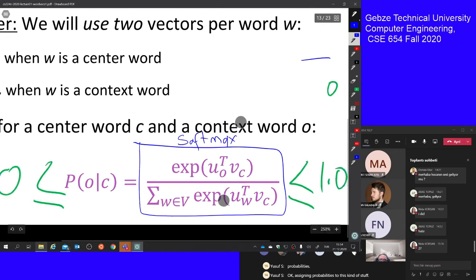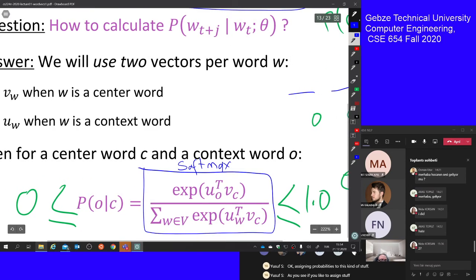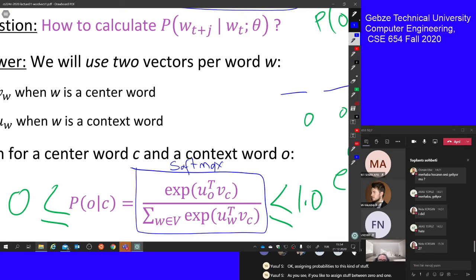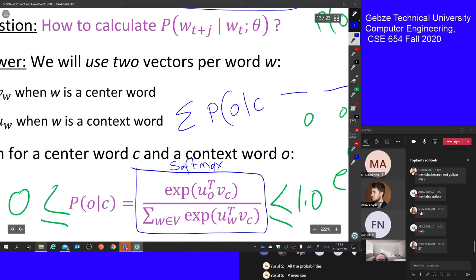If you would like to assign values between 0 and 1, this is what you do. And the other nice thing is, if I add up all the probabilities P(O_i | C) over all the O_i, the result will be 1.0.